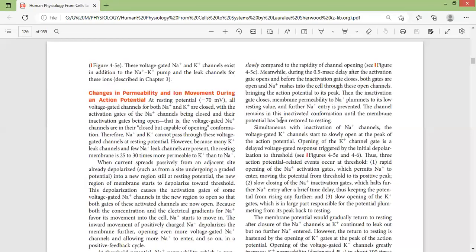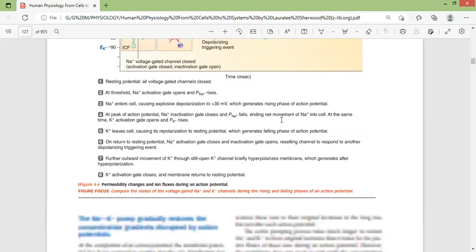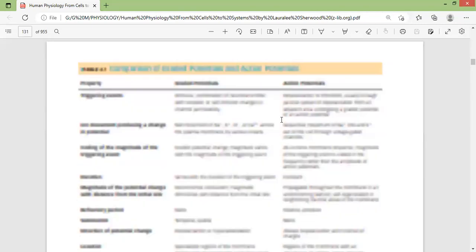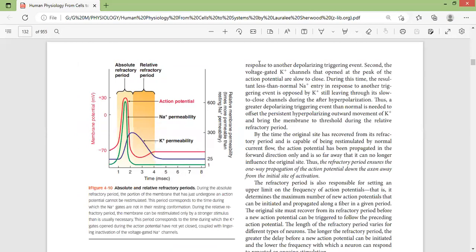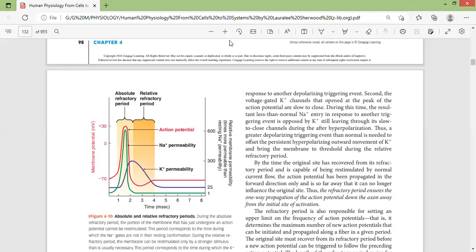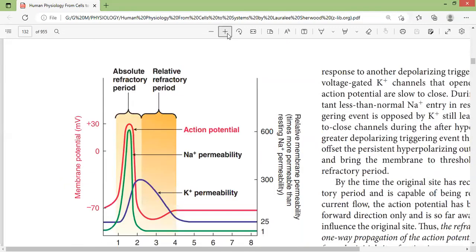During that time, there is no way a new action potential can be generated. But for relative, as much as it's hard to generate an action potential, it's actually possible, but you'd require a stronger stimulus than the original one.